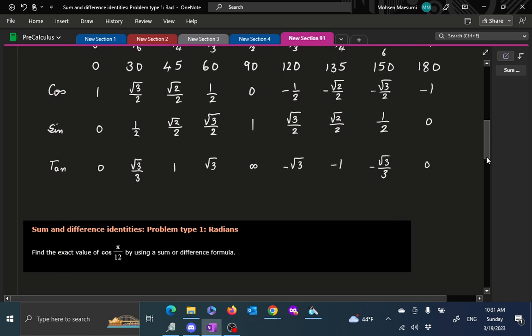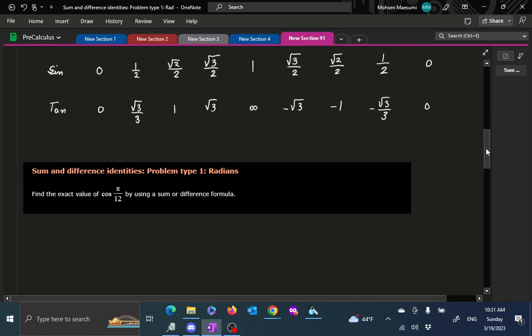For example, first one is find the exact value of cosine of pi over 12. So two approaches. One is pi itself is 180 degrees. 180 divided by 12, well, that's going to be 15 degrees. So that's same as cosine of 15 degrees. So then you can continue exactly what we did last time.